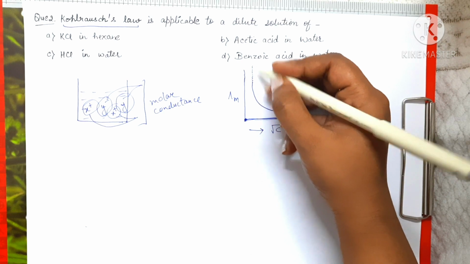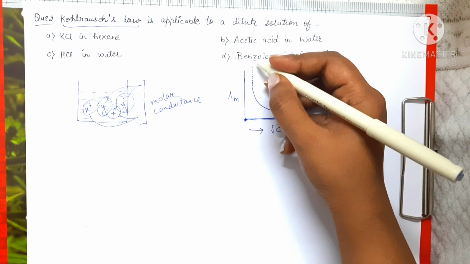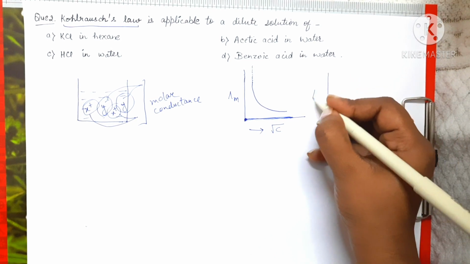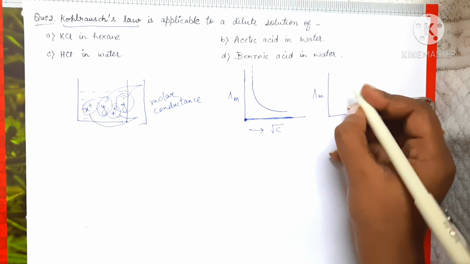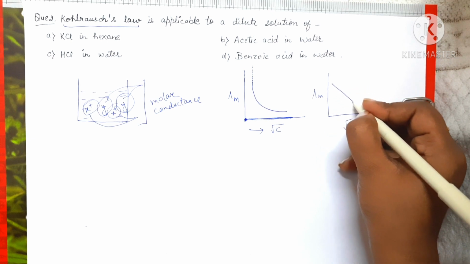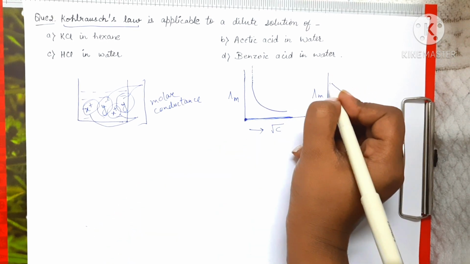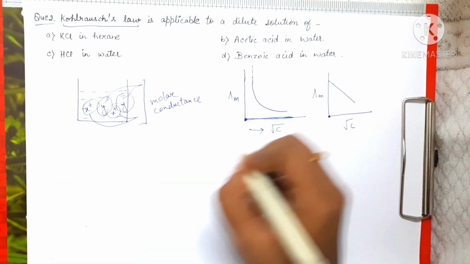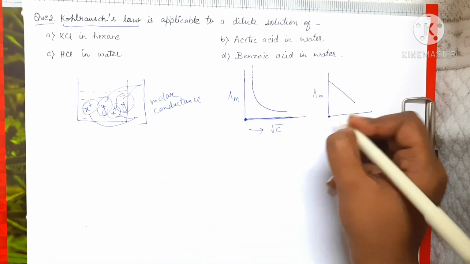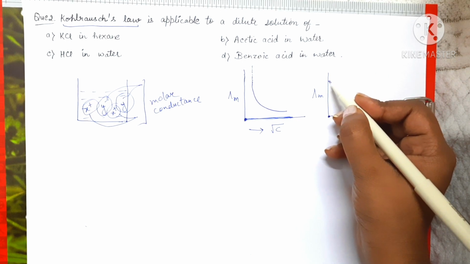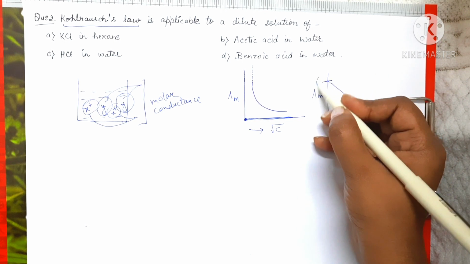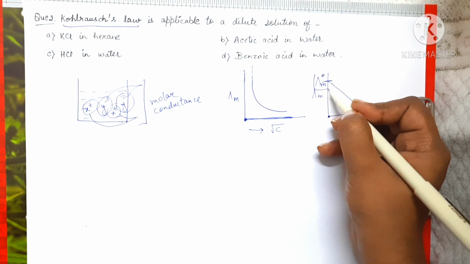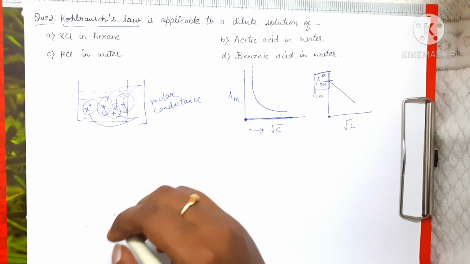We cannot find the value of molar conductance in the case of weak electrolytes, but this is not the case for strong electrolytes. For strong electrolytes we get a graph like this, and by extrapolating it to infinite dilution, or concentration approximately equal to 0, we can get the value of molar conductance at infinite dilution.